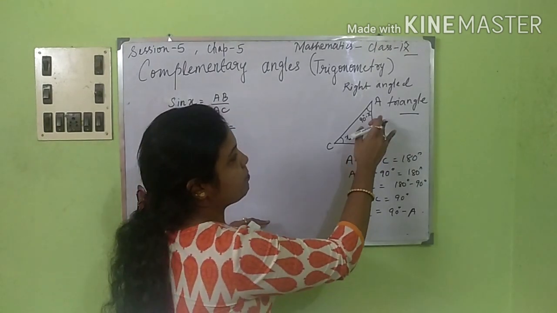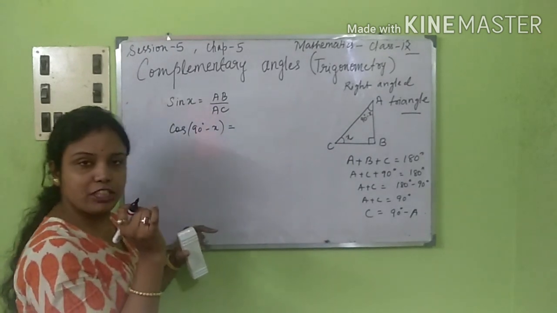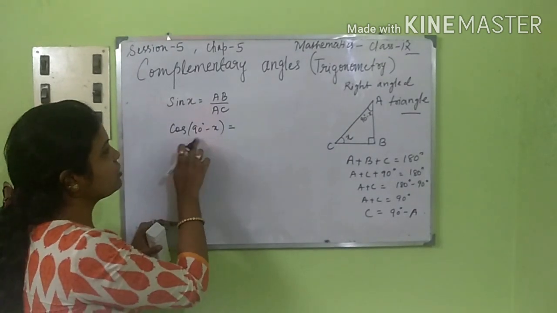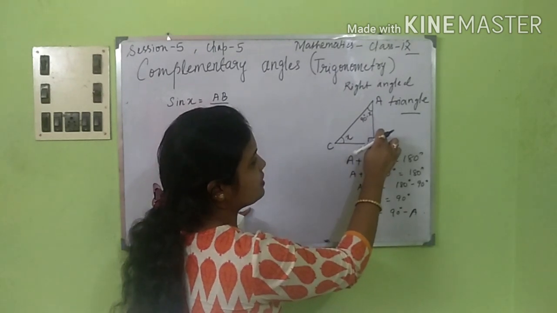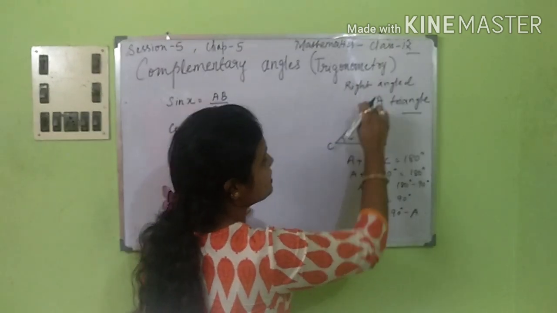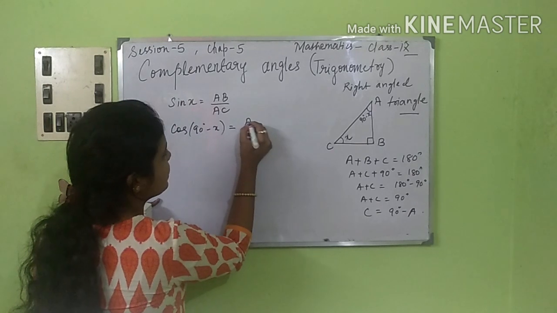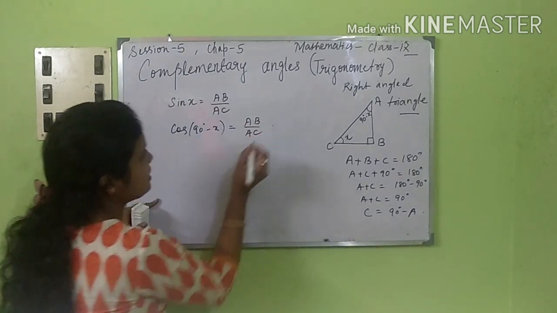We know it is base by hypotenuse for the ratio, right? Because we have taken cos 90 degree minus x. For that we have this particular AB as the base and AC as the hypotenuse. So it is AB by AC, right?